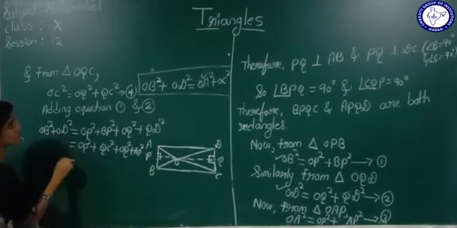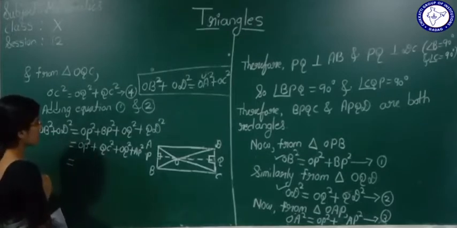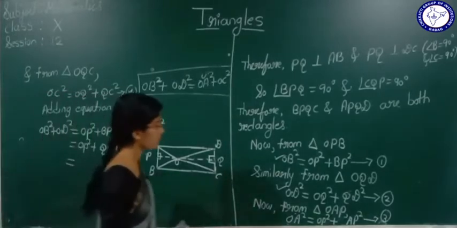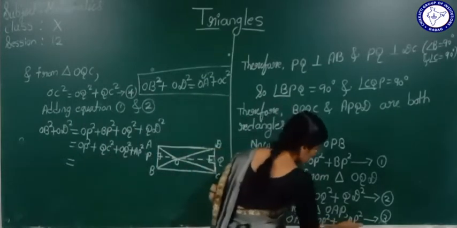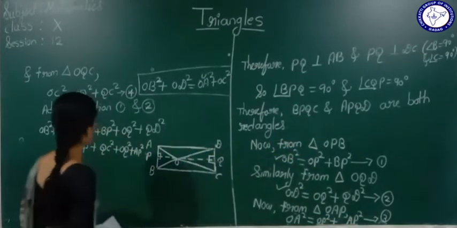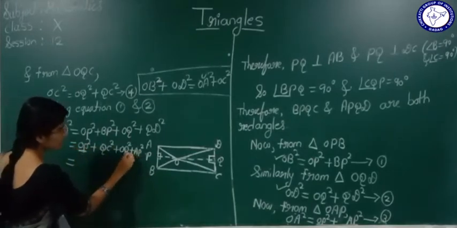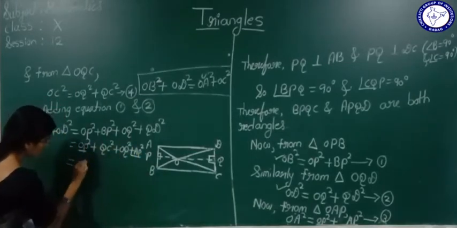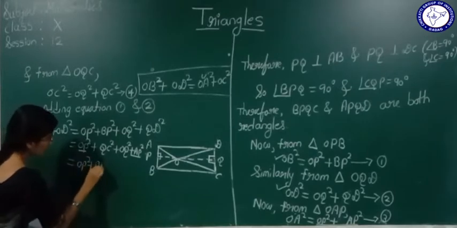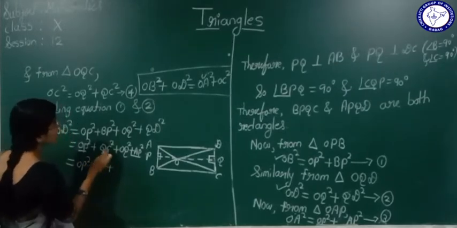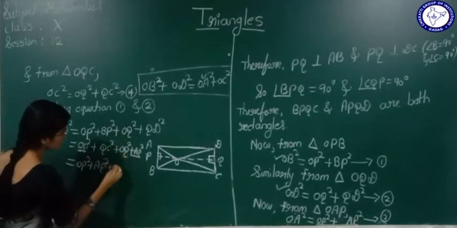Now see. With the help of equations 3 and 4, OP square plus AP square is nothing but OA square. So we have OP square plus AP square plus QC square plus OQ square.